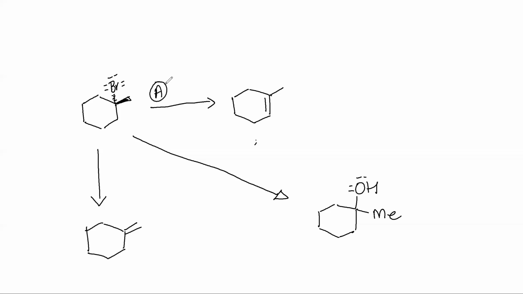Call this one A, B, and C. And how do we go about figuring out what we want to do in each case? That's a good question. So I guess what's the first question we want to ask ourselves in a situation like this?